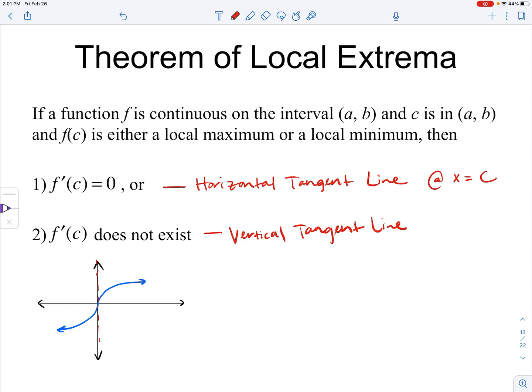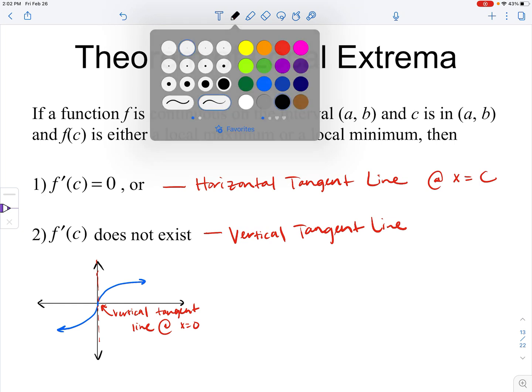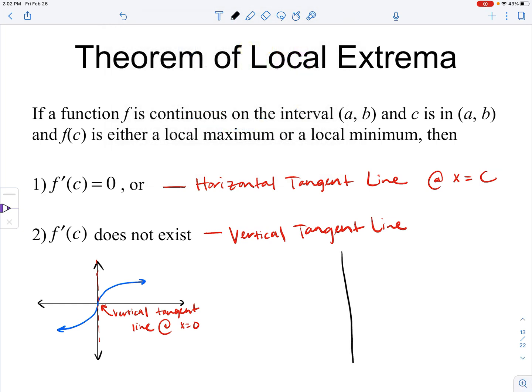Okay, where the vertical tangent line would occur at x equals 0. And then the sharp corner where the derivative fails to exist, an example of that could be the absolute value function at x equals 0.